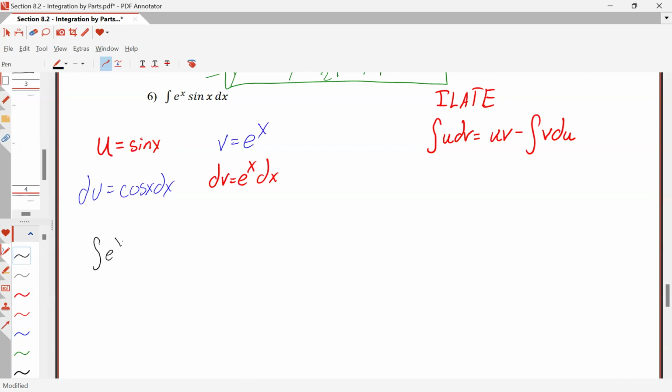So the integral of e to the x sine x is equal to u times v minus the integral of v du, e to the x cosine x dx. Now you might notice here, this is very similar to what we started with, a cosine instead of a sine.